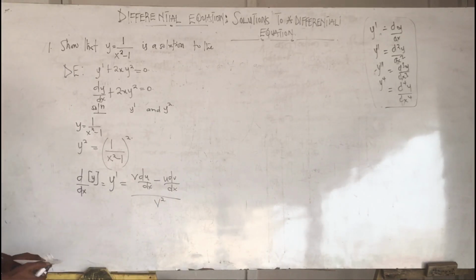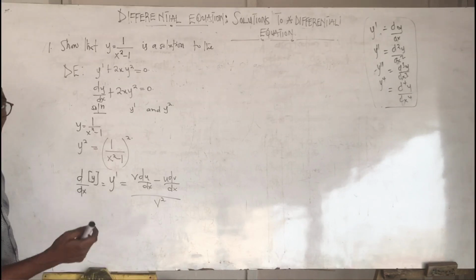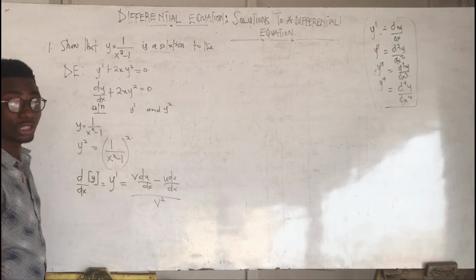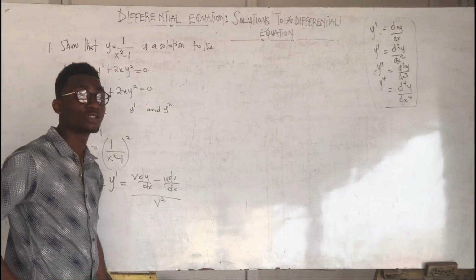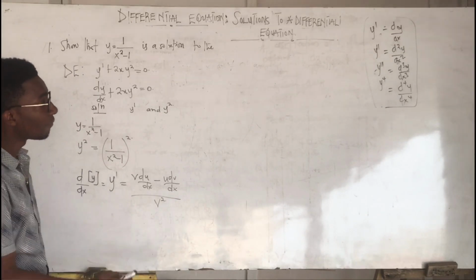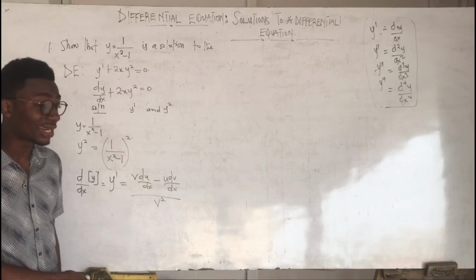This formula is called the quotient rule. You should know it because nobody is going to teach you the quotient rule and the product rule under differential equations, but for the sake of the video, I'm going through it so that you can understand it again.